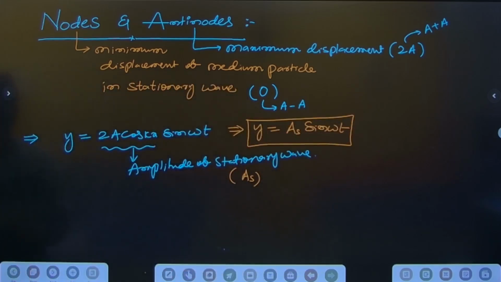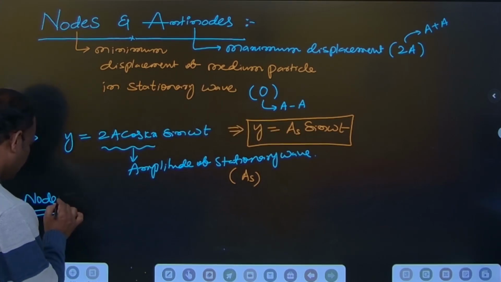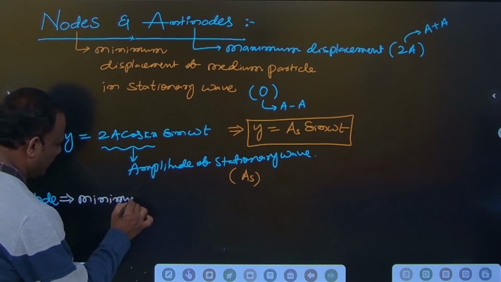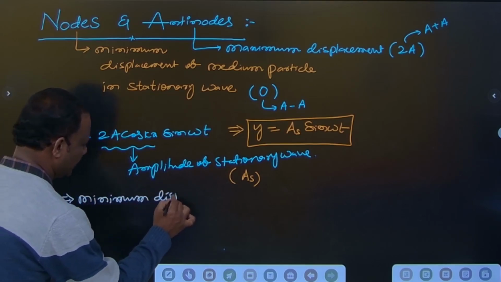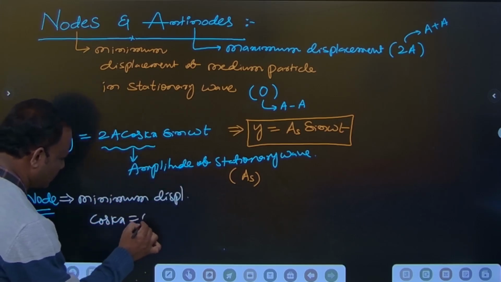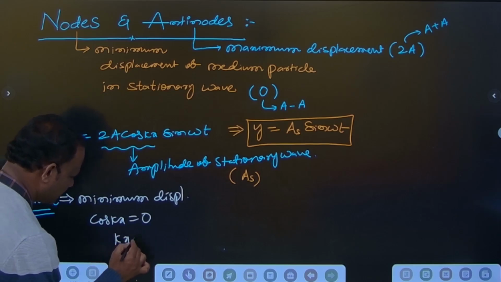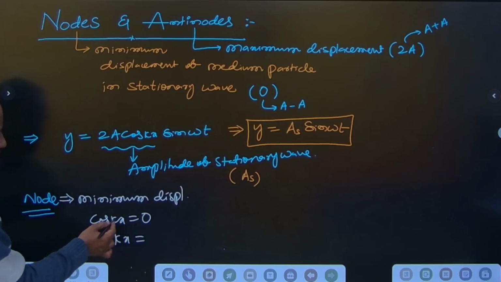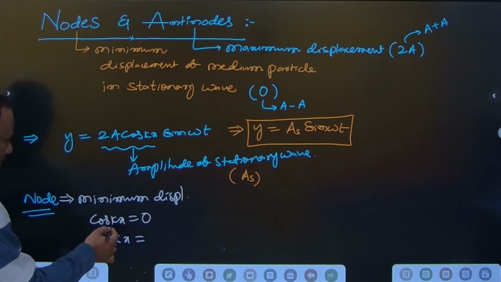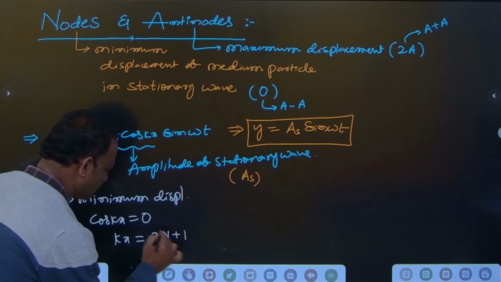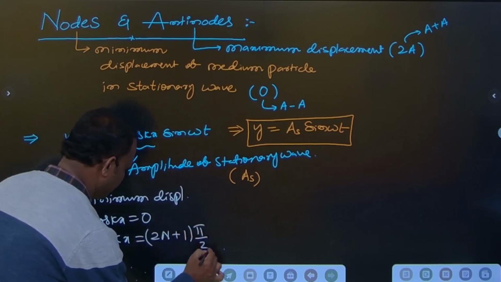Now if we talk about the node, it is the minimum displacement, which means cos kx equals 0. So kx equals odd multiples of pi by 2. K is the propagation constant, and x is the path difference. So kx equals (2n plus 1) times pi by 2.